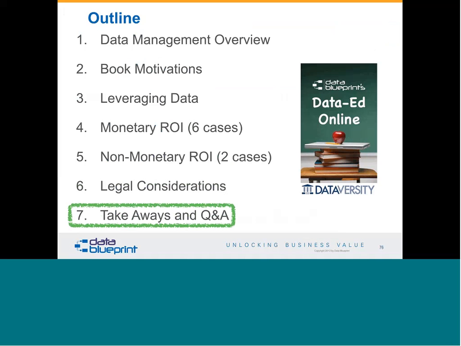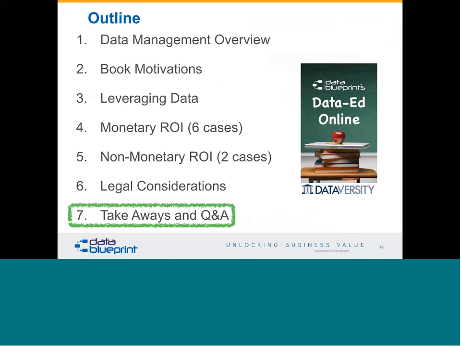So we've taken a very quick romp through the book. What I've done is, again, pulled up 6 specific cases where there's a tangible return on investment that says if you invest X, you will receive X plus something on the outside of it. And 2 that were not quantifiable perhaps unless you're willing to put a value on human life. Most organizations don't want to go there. And then I've talked a little bit about some legal considerations as well.